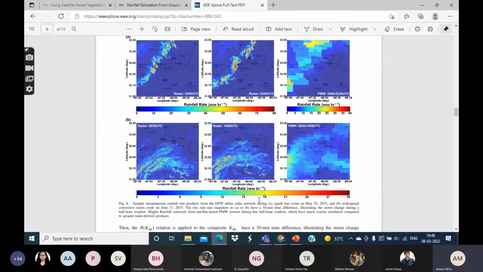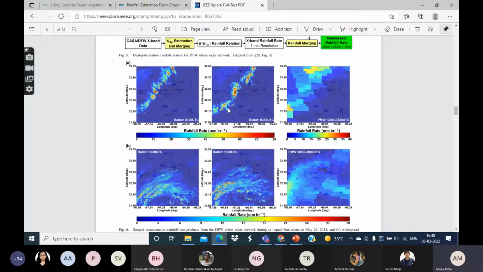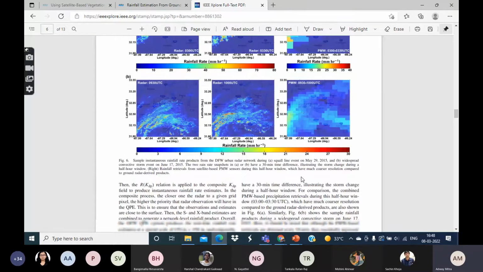So these images are what they have got for one particular time period in 2015, and B is another one. These are taken at different time intervals, and here you can see the difference between them.